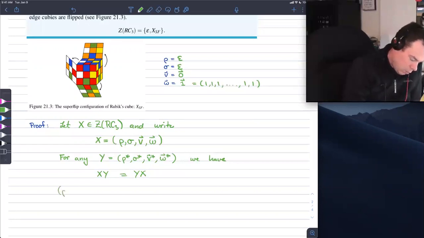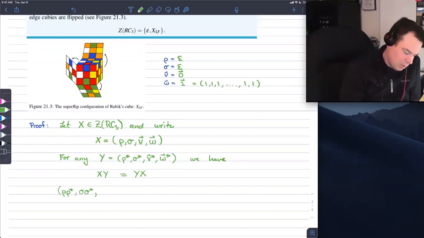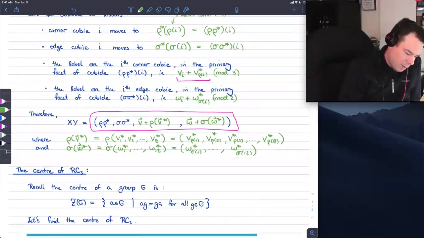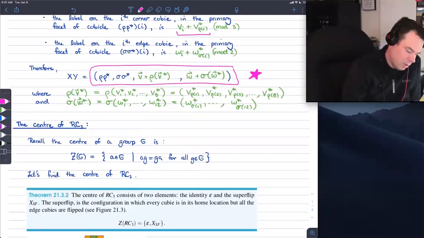XY is rho rho star, sigma sigma star, and then those other two entries are the twistings, or the orientations, and we've got to remember how to do those. That's up here. That is this equation that tells us how to multiply these things. It is: take the V vector for the first one and add it to the permutation rho of the V star of the second one.